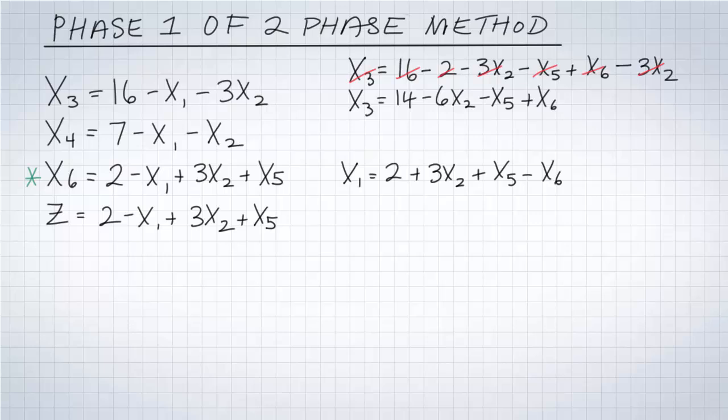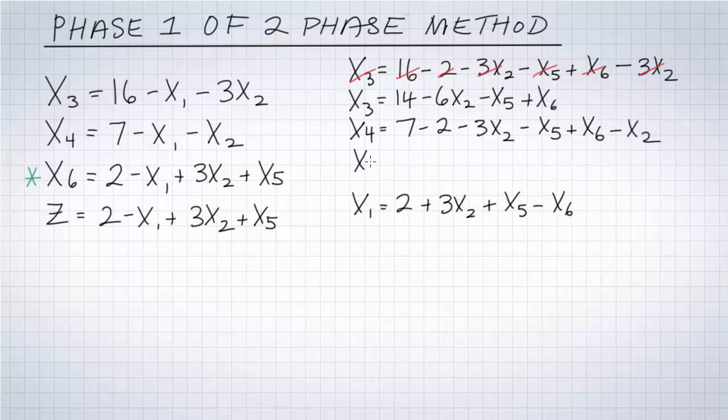And similarly x4 is equal to 7 minus 2 minus 3x2 minus x5 plus x6 minus x2. That puts me at x4 equals 5 minus 4x2 minus x5 plus x6. And that takes care of that equation. So I'm left with x3, x4, x1.